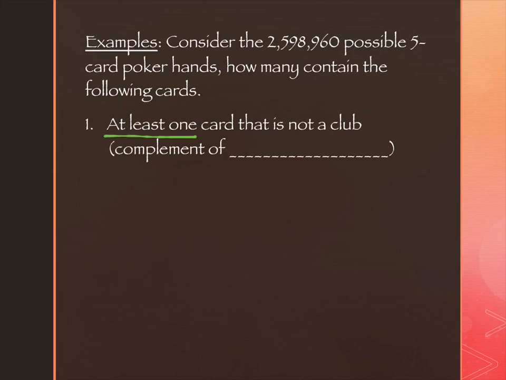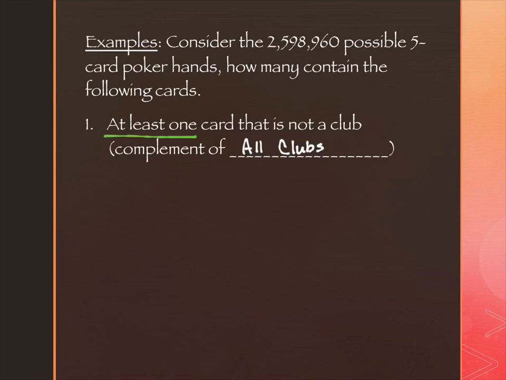We can actually look at the complement of what this is talking about. Having at least one card that's not a club means that we don't have all clubs. So this is the complement of having all clubs. So what we're actually going to find is the number of ways we can get a hand with all clubs. Instead of finding the 1-way, the 2-way, the 3-way, the 4-way, the 5-way, we only have to find one thing.